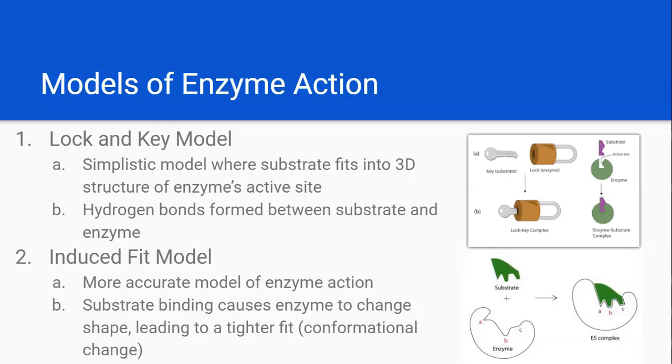A little bit more accurate is kind of the induced fit model, where it's pretty close, but it kind of really locks in when the substrate forms the complex with the enzyme. And then that changes the shape a little bit, and then that's how you get the tighter fit. So the substrate kind of creates a conformational change that makes it all lock together.